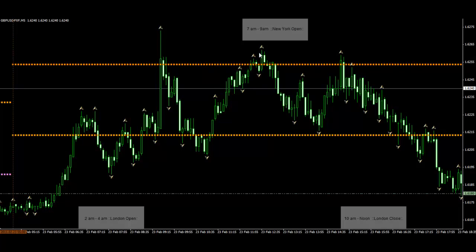I got a losing day. What would I do? Well, I wouldn't trade London again because I've already used my 2 trades up for the day. Why do I feel so confident in doing that? Because I know tomorrow I'm going to have that same London Open setup to look for, that same New York Open to look for, and that same London close to look for.